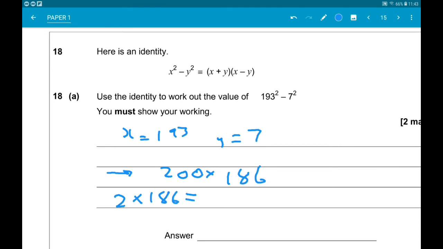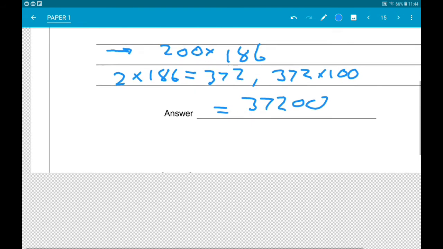Well, 2 times 180 is 360. 2 times 6 is 12, so it's 372. We then need to multiply that by 100. And we are going to get 37,200.